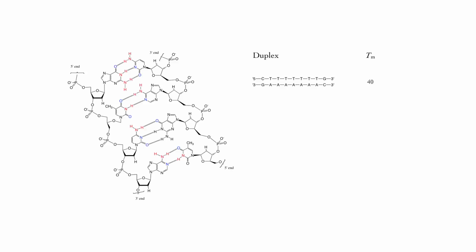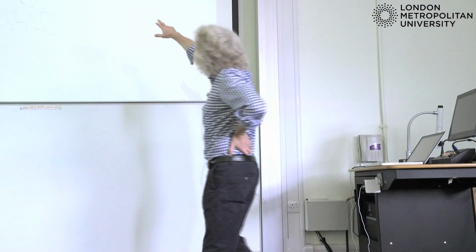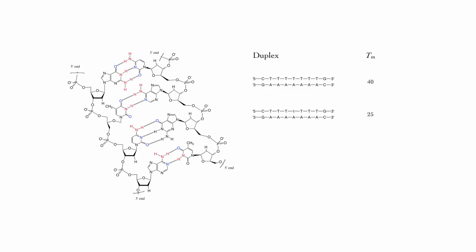So that's a naturally occurring duplex, melting temperature of 40. Now, what happens if we replace one of the sugars with the glycerol? You've got a thymine base appended to that glycerol unit. What does that do to the melting temperature? Well, it decreases it quite considerably. So you've gone from 40 degrees to 25 degrees.